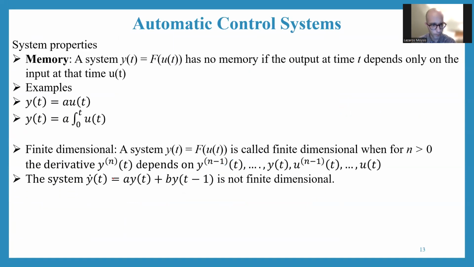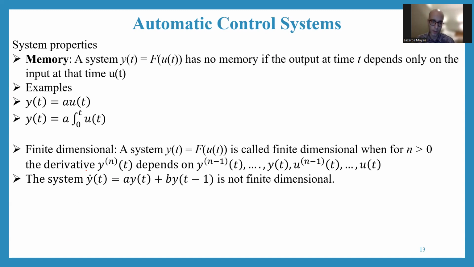Now, another property is memory. Memory has to do with whether the output depends only on the input at this specific time. If this is the case, the system is memoryless. It has no memory. If there is another term, for example an integration term or something else, the system has memory. A classic example in this case is delay systems.